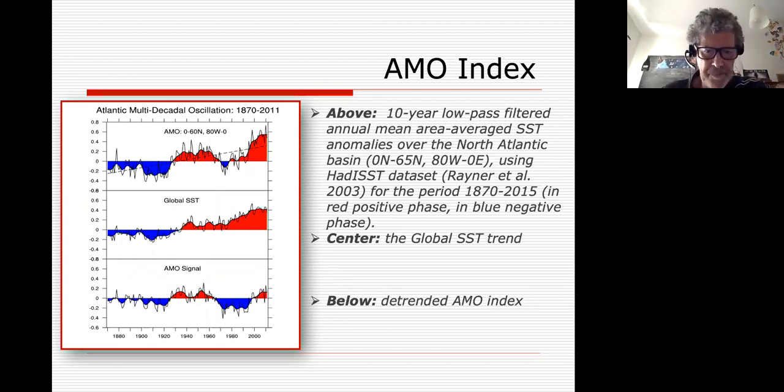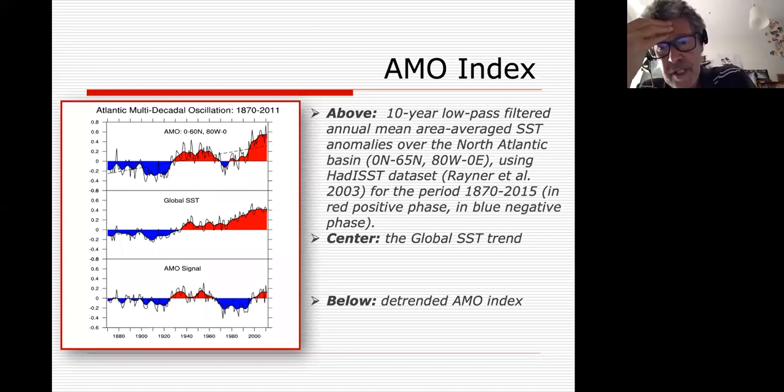The first graph in the plate shows in black the yearly evolution of this index, calculated in terms of anomaly of the surface temperature in an area between 0 and 65 north and 80 west, 0 east.